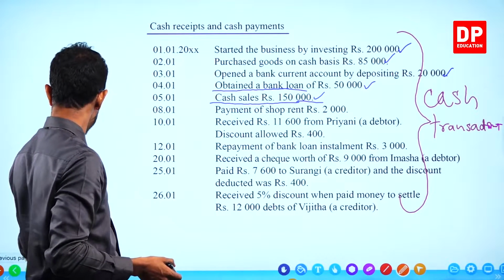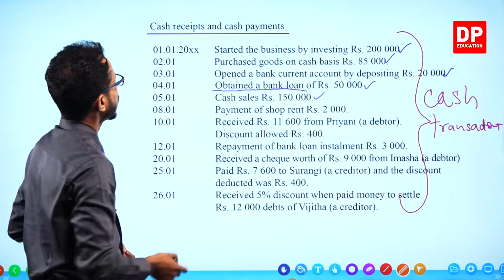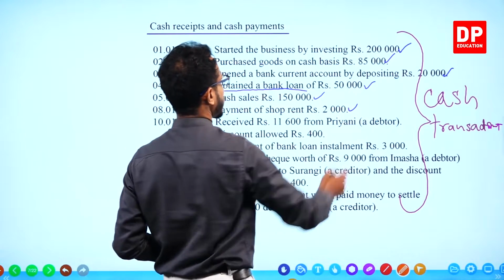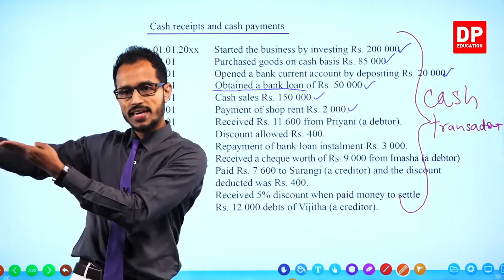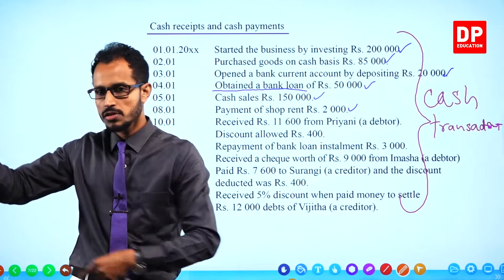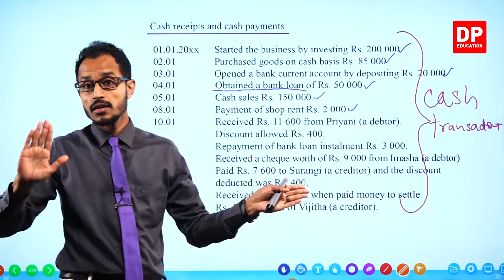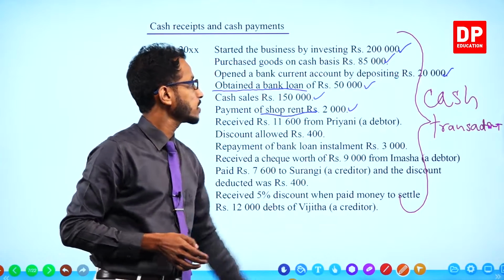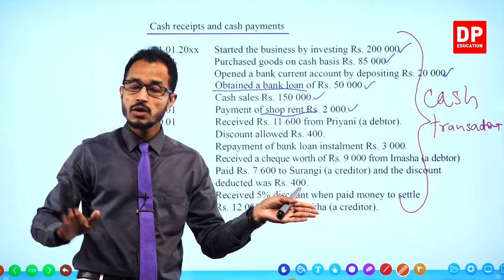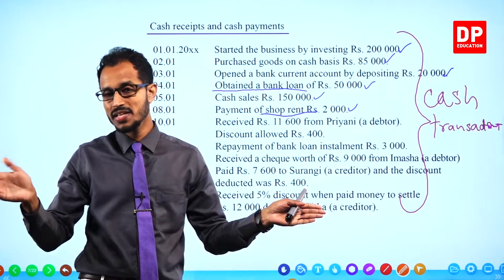That is this one. Payment of shop rent. Paying. Cash going out. So cash credit. Expense is the rent. Shop rent. Cash credit 2,000. Debit to expense account.